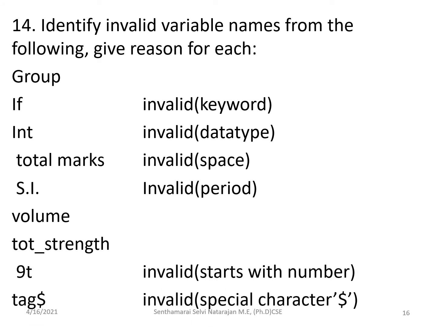I have also specified the reasons for their being invalid. The first is a keyword, int is a data type, then one has a space between two words, one has dots, one starts with a number, and one has the special symbol dollar. So these are the invalid variables.